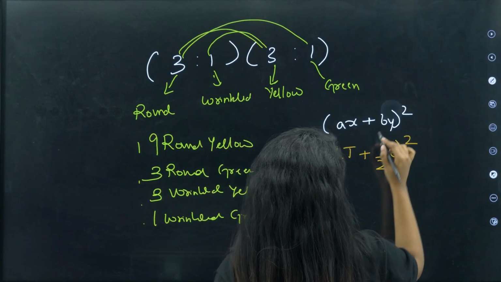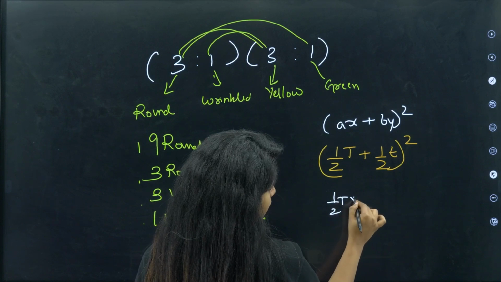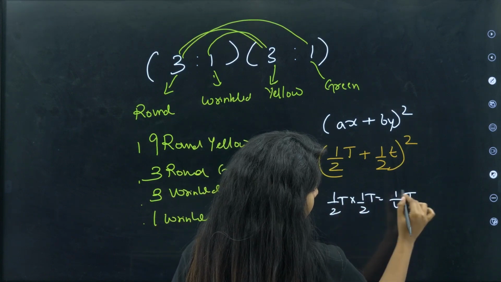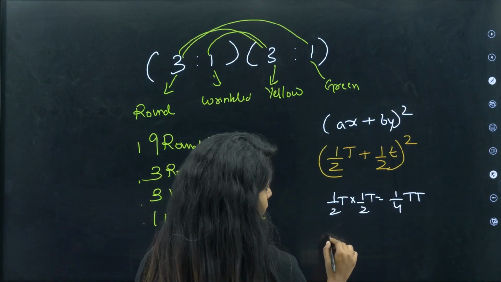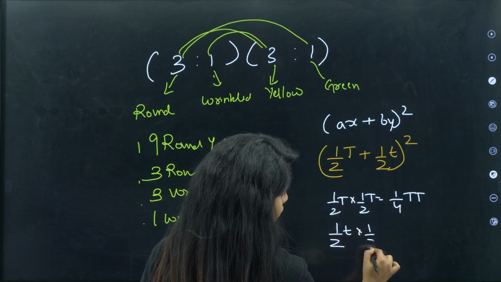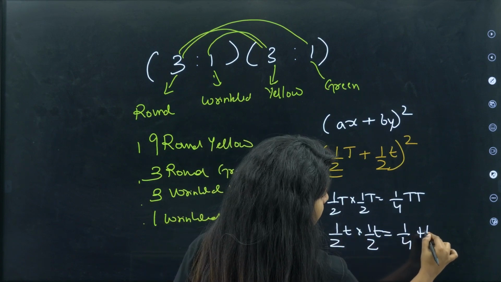So I can make it like that. Now if I do a square, half T into half T, it's basically 1/4 capital TT. Going ahead, half t into half t, you get 1/4 small t small t.